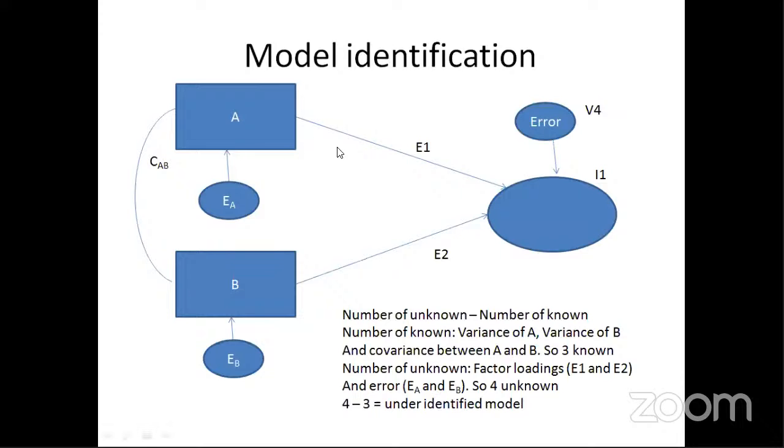The first is the regression coefficient, the second regression coefficient, the correlation, the error and the error. Now there is a difference between EA, EB and error. In regression, I had given you the concept that whatever you do, the error is bound to remain in your equation.